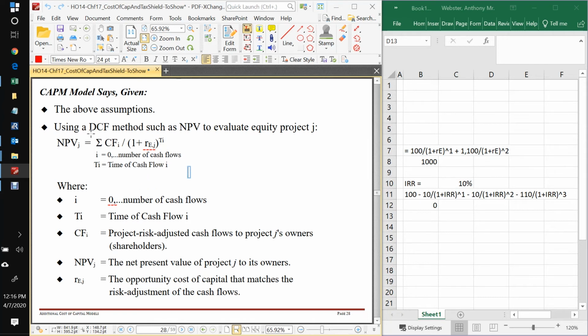So we're including every cash flow in the project here. And t_i is when that cash flow happens.